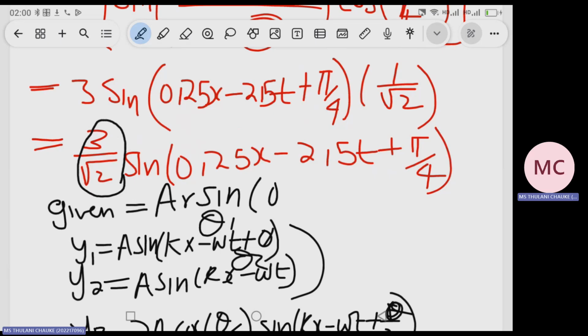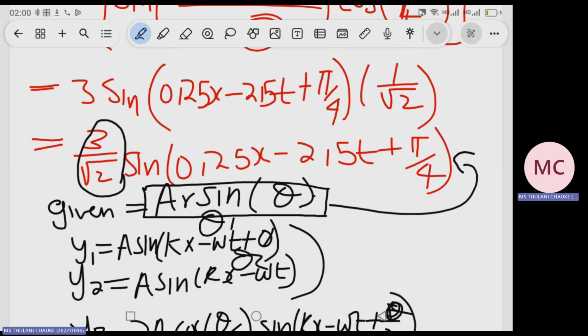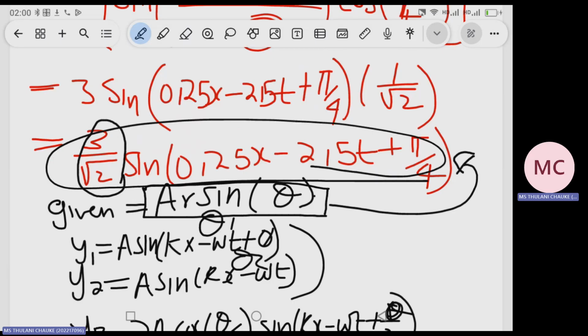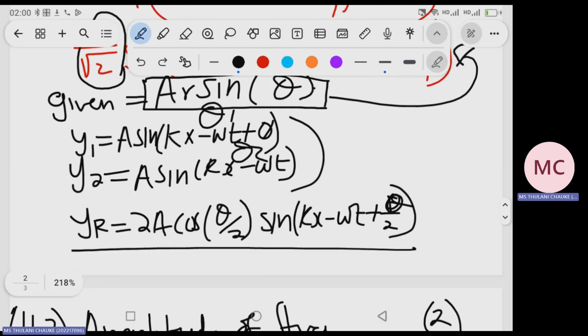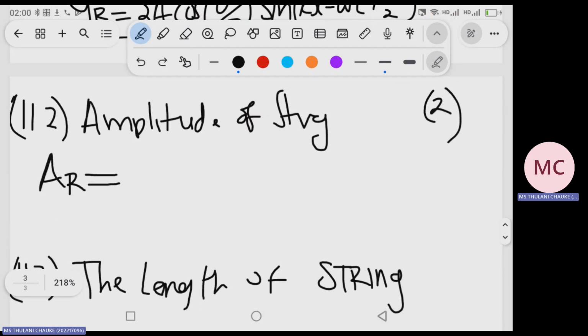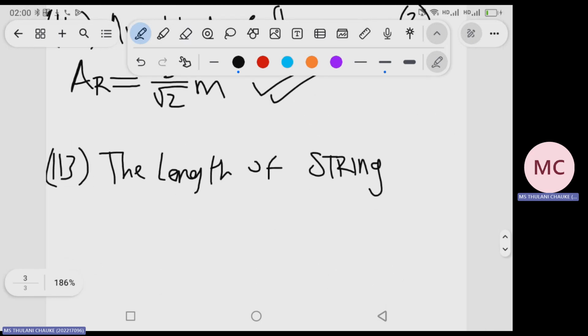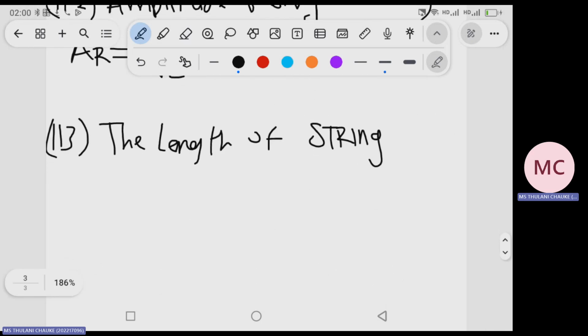And we'll have the sine of the angle, right? So our equation is like this one; it is a representation of AR sine of this. Okay. And now we know that our resultant amplitude is 3 over the root of 2 meters. Then you get your 2 marks. Then the length of our string.